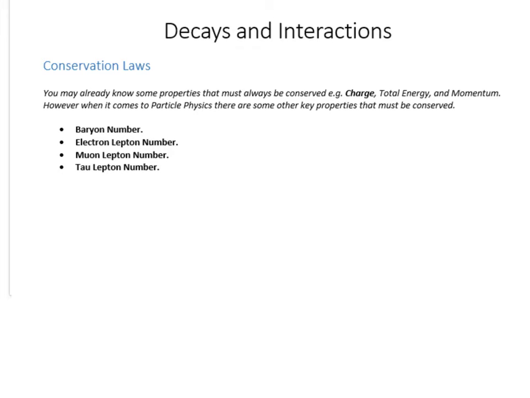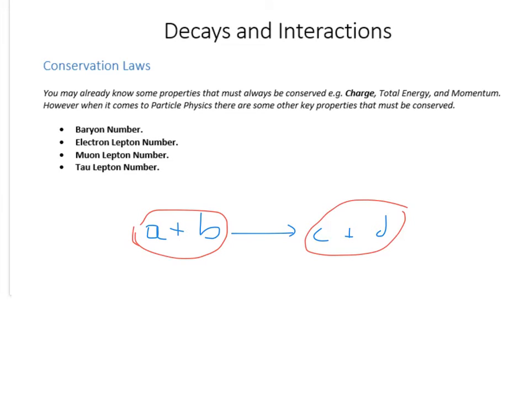So the way we apply these: let's say we have an equation of interaction. Particle A is interacting with particle B, and they're forming particle C and particle D. If we're applying conservation of charge, the total charge before the interaction must be equal to the total charge after the interaction.